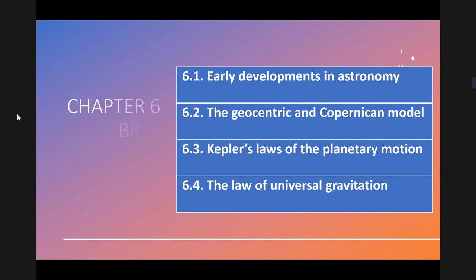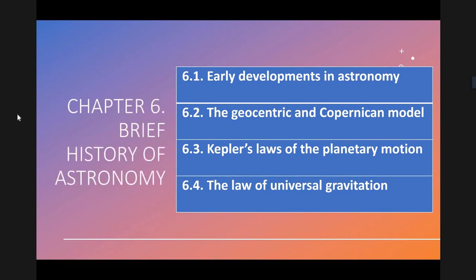In this chapter, chapter 6, history of astronomy, we will have these sections. Firstly, the earlier developments of astronomy; second, the geocentric and Copernicus model, and Kepler's laws of planetary motion.